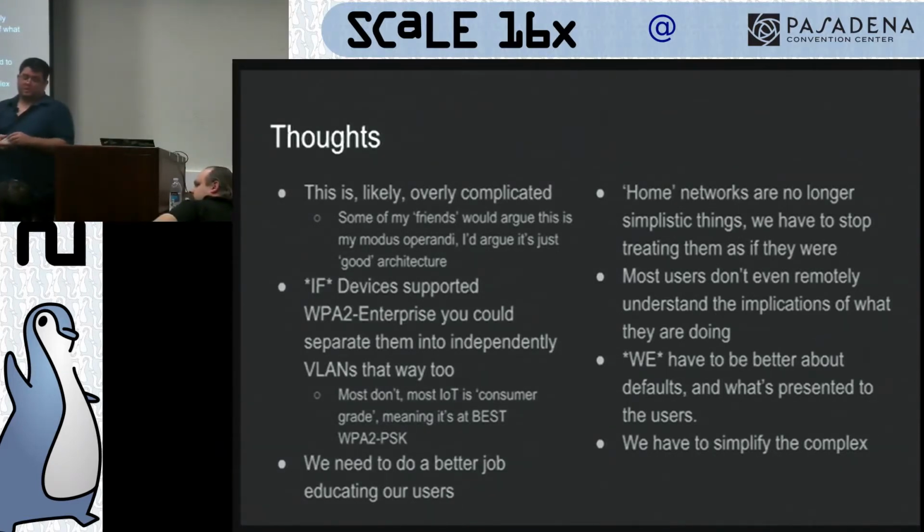When you authenticate to a WPA2 Enterprise device, you can actually set VLANs based on that authentication, which means you can expose one SSID instead of the 6 I'm exposing at my house. And then you can route things into different VLANs. But that means that this type of device needs to be able to talk WPA2 Enterprise, and most of them don't. So that is a thought.